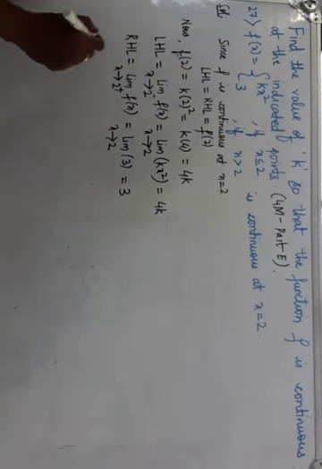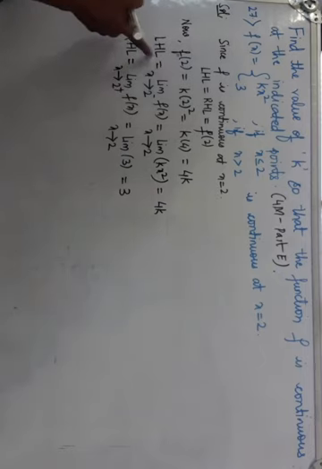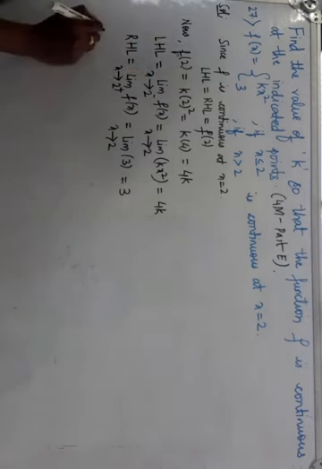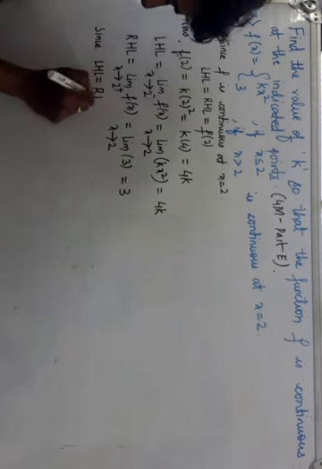So now equating, you can take LHL and RHL, or f of 2 and RHL. Any two of them you can consider. So I consider LHL is equal to RHL.